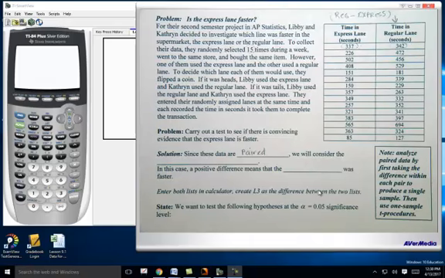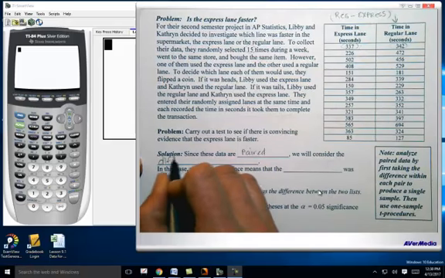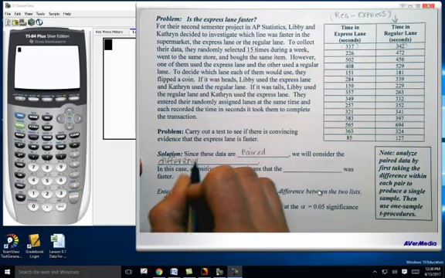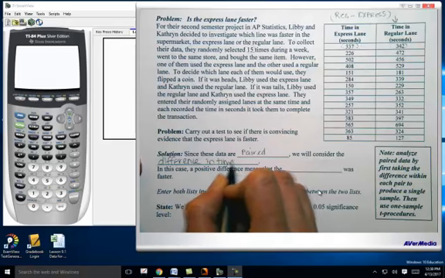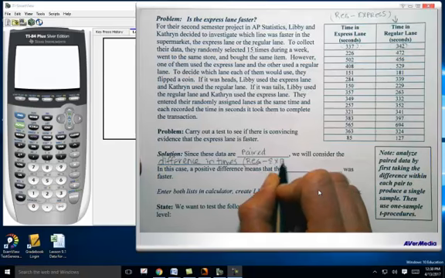Here, we're taking technically a couple of sets of numbers, and we're going to create one sample called the difference. That's how this part of this section is different from what's coming up later. But since the data is paired, we will consider the difference in times, like Aaron said, regular minus express.